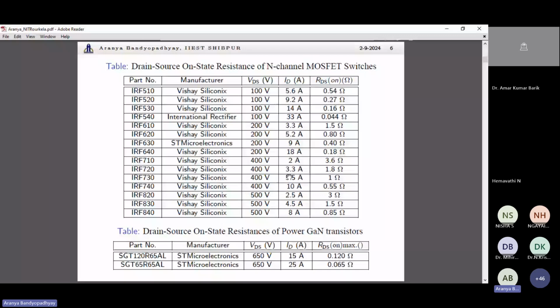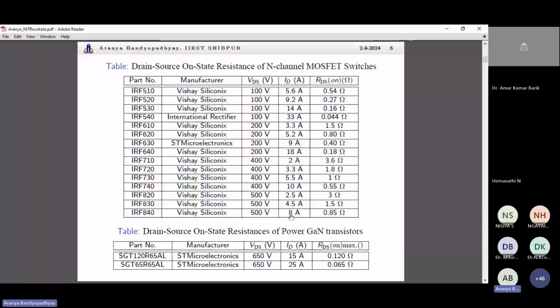The problem is, is it available in the market? That is the big question. Or has it gone out of production or become unavailable in the market? Then what will you do? You will go for the IRF series, and then again you will just have to go for this IRF 840.